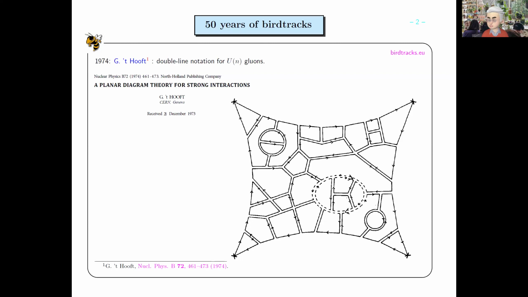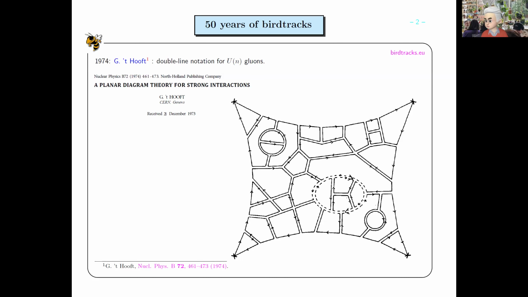The story begins almost exactly 50 years ago. Gerard 't Hooft, at the end of 1973, submitted an article in which he used the group theoretic structure of diagrams with U(N) symmetry, QCD diagrams, to show that if the diagram is planar, the group theoretic weight as a function of the number of colors N is dominated by such diagrams, and he showed us how to compute it.